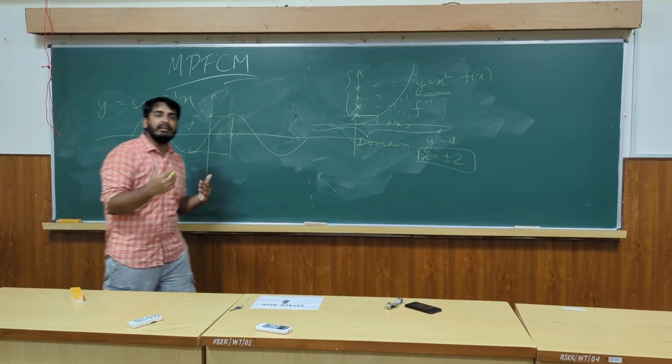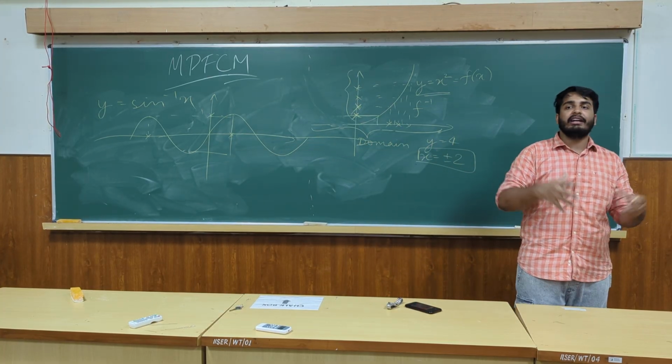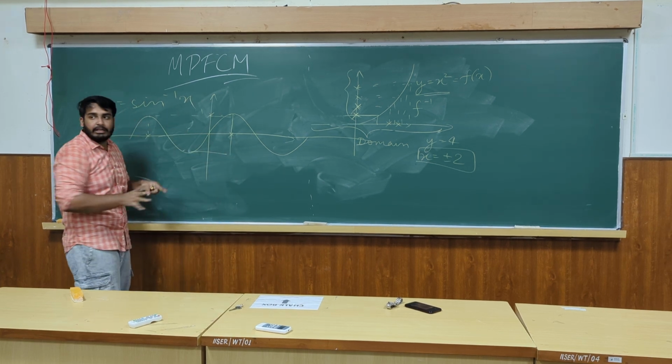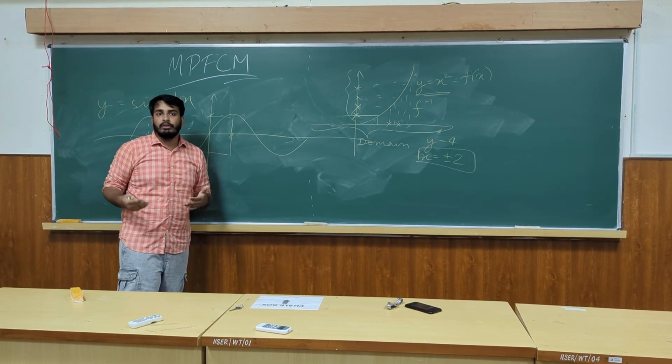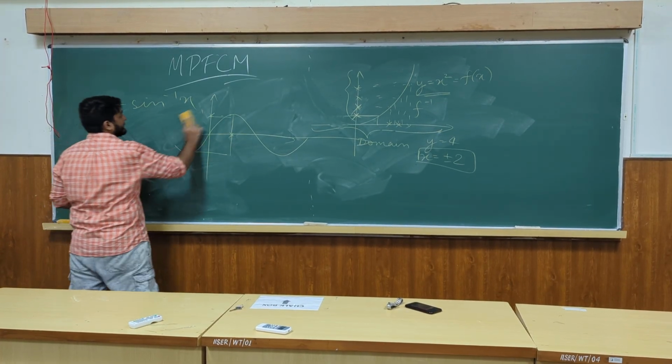So the way we define the inverse trigonometric functions is that we restrict their domains. That is, since here we do not have unique pairs in layman terms, we only consider the part of the curve such that we get unique pairs. In what sense, let us see.